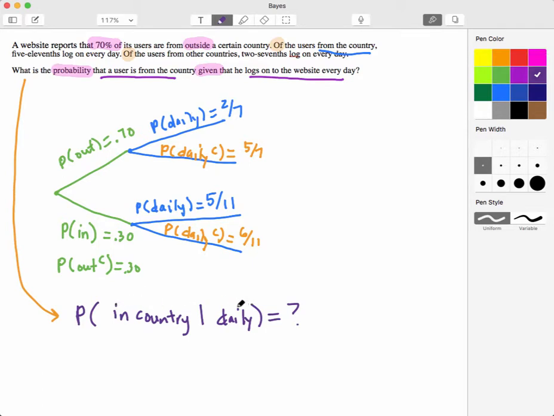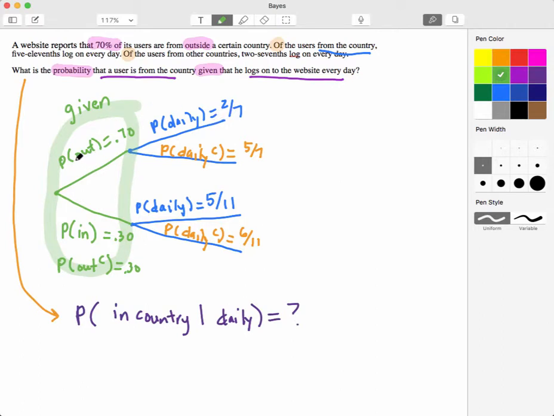So in a tree diagram like this, whatever comes in this first branch right here, let's highlight it a little bit, this guy here, this is what is given, because it's the starting point and you have to know what branch you're on first before you can move on to the second stage.